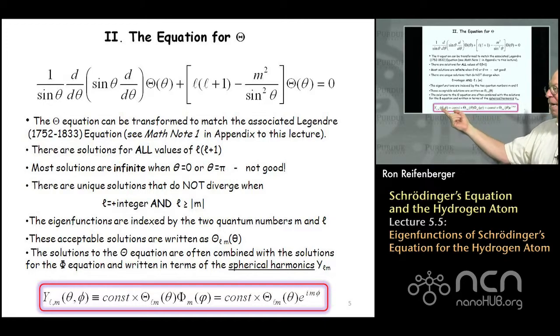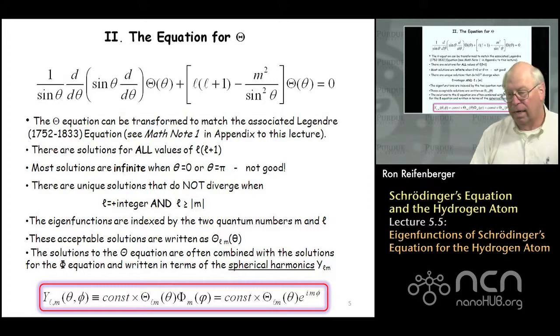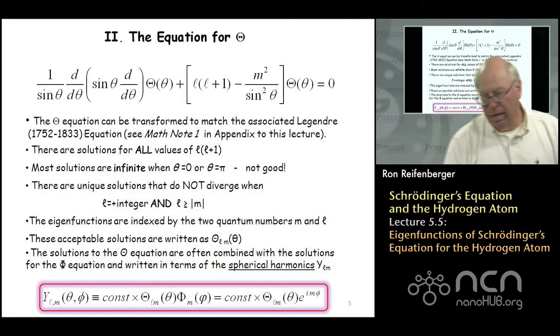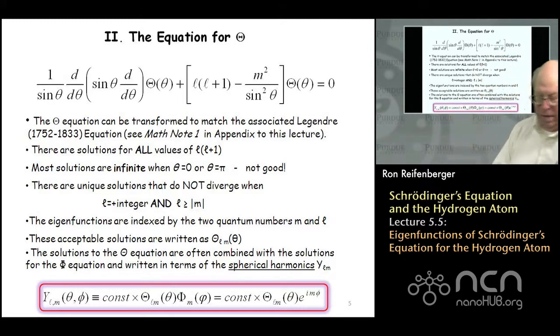The spherical harmonic is a function of the angles theta and phi, and that spherical harmonic has to be subscripted with the integers L and m, because those integers then specify the appropriate form for capital theta and capital phi. So depending on which textbook you're reading, you'll find solutions for capital theta and capital phi listed separately, or you'll find the wave function called capital Y. And they're all related by the equations in this box.